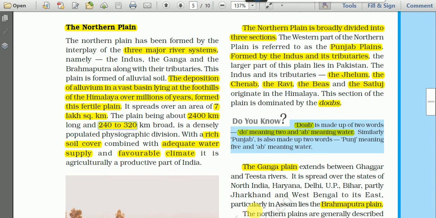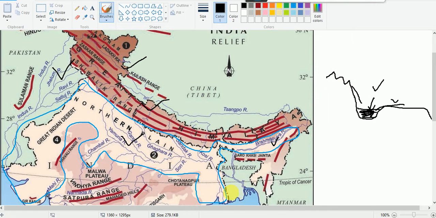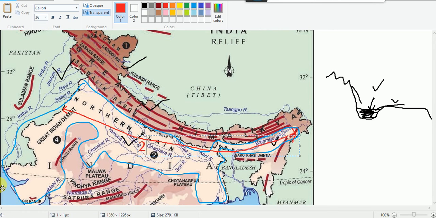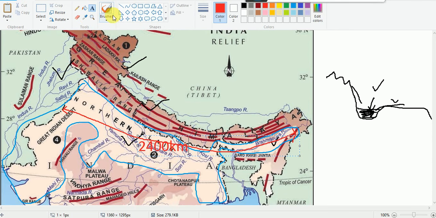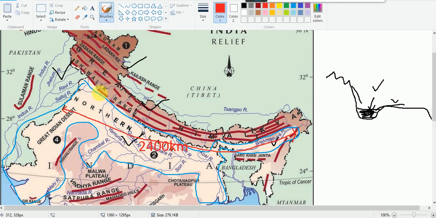So what is the total length of these northern plains? Just see here. The total length of the northern plain from the west towards the east up to here is 2,400 kilometer. And about the width, actually it is wider in the west, 320 kilometers.